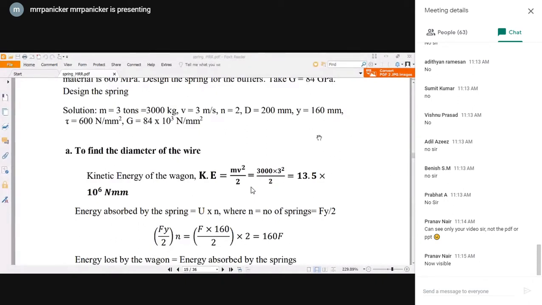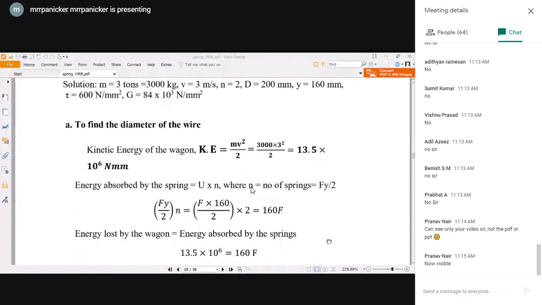If you consider force versus deflection, the area of the triangle is F into Y by 2. That is the strain energy stored by the spring, and n is the number of springs. If the value is 2 in this case, you can calculate the force.